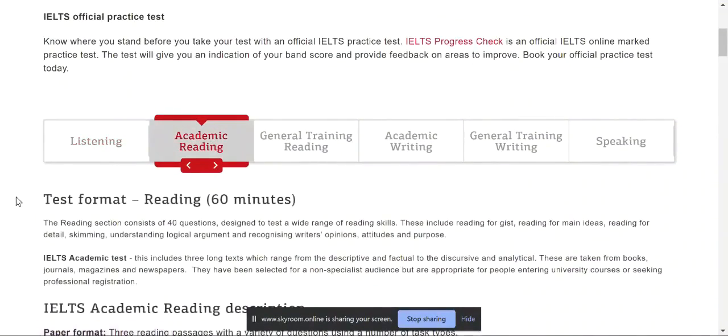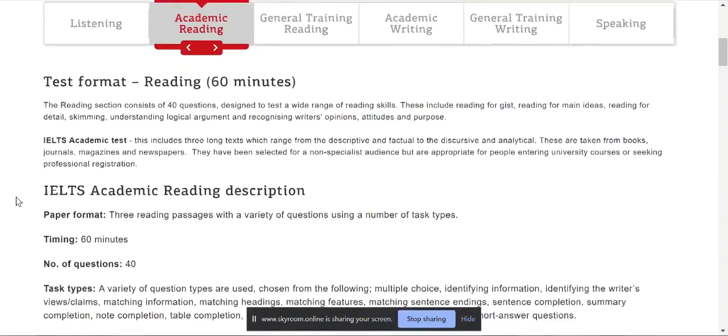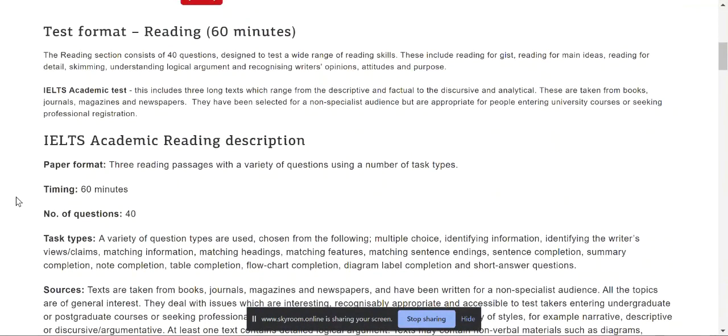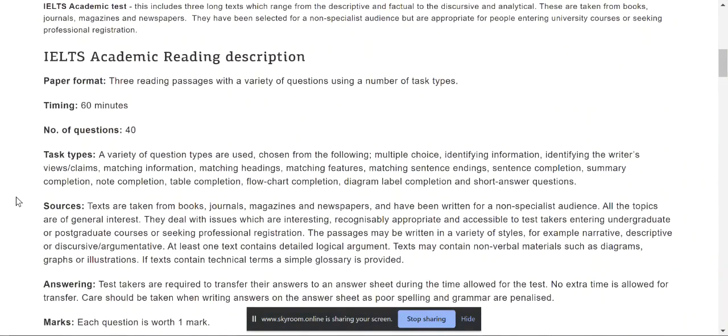Academic reading. As the second section, you will have 3 different passages, let's say text articles, and the topics go from more or less general to something advanced, something really academic.